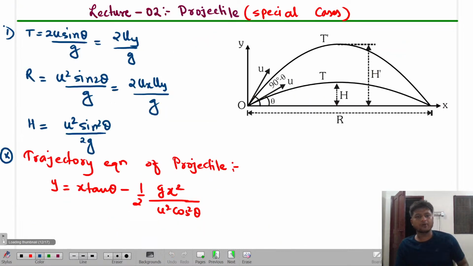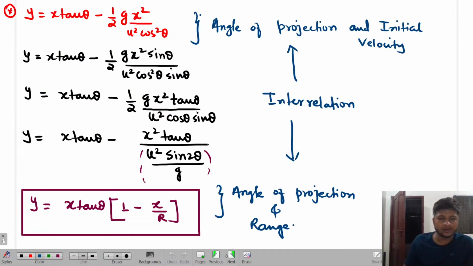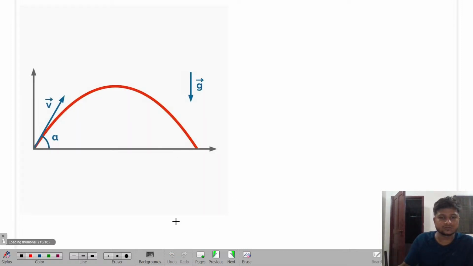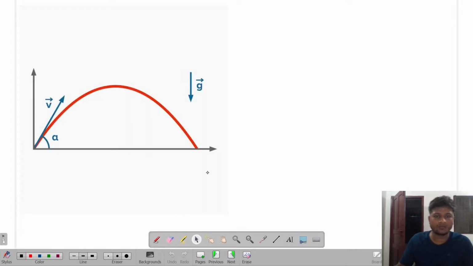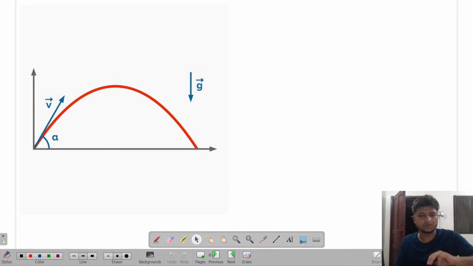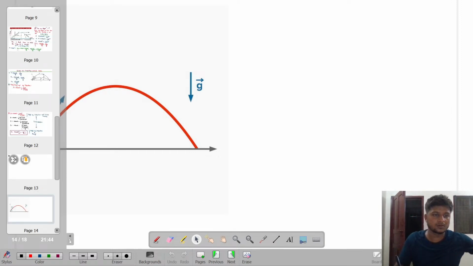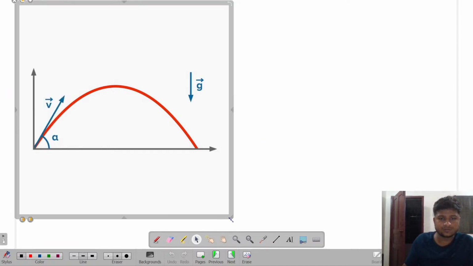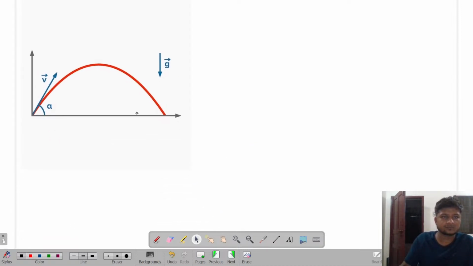Okay, so now let us move to one more special case. As I have told you, let's bring this diagram and talk in this diagram. So look over here.